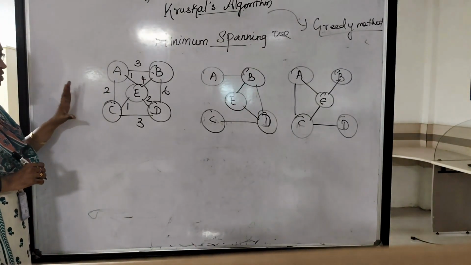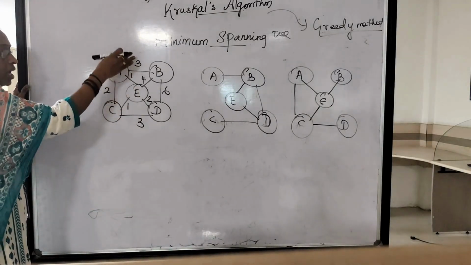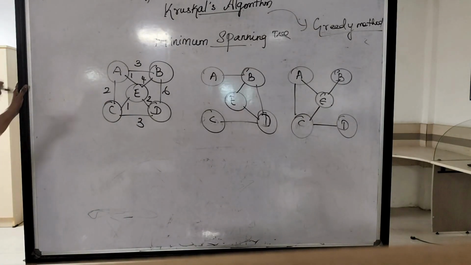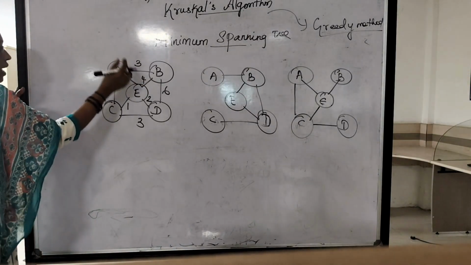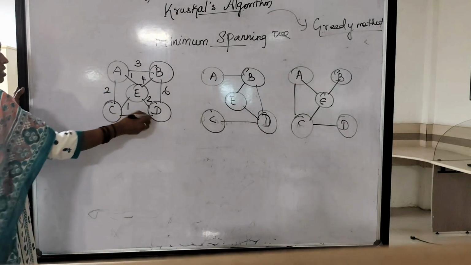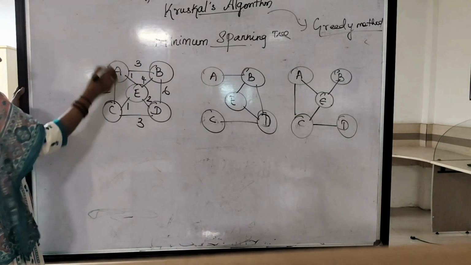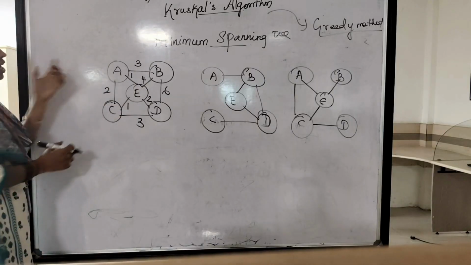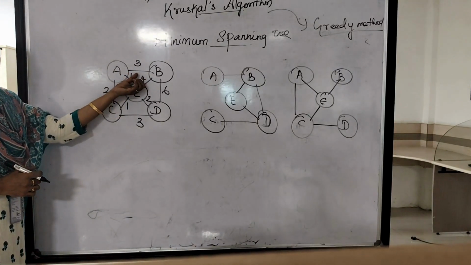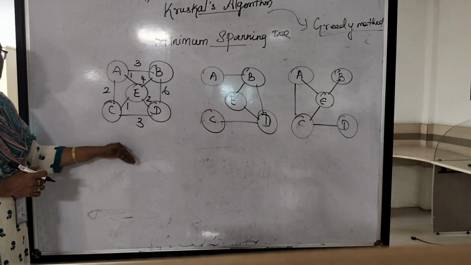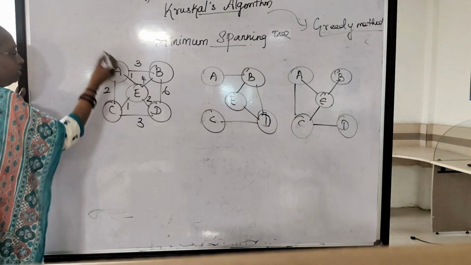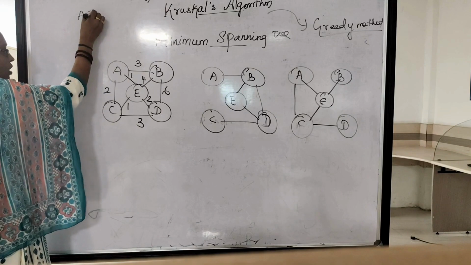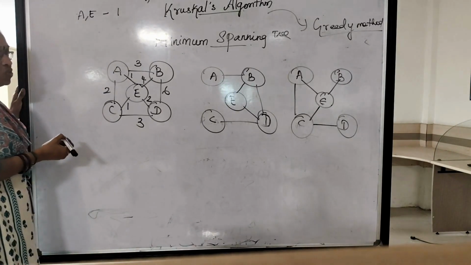What I should do first is take all the edges and sort them in ascending order. I have the nodes A, B, C, D, E. I take the pairs of vertices connected by edges and sort the edges in ascending order. The very least cost is A to E first, with cost 1.